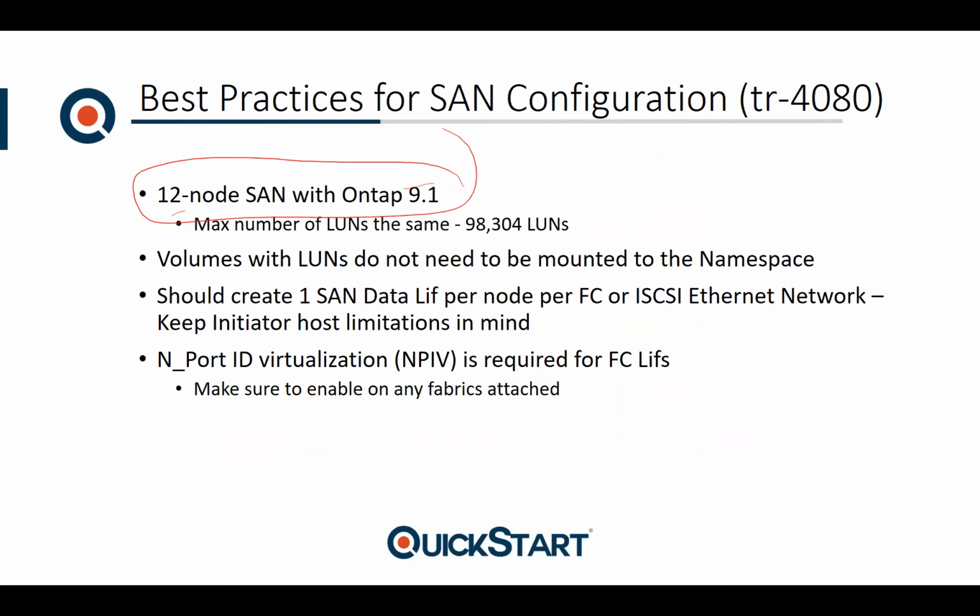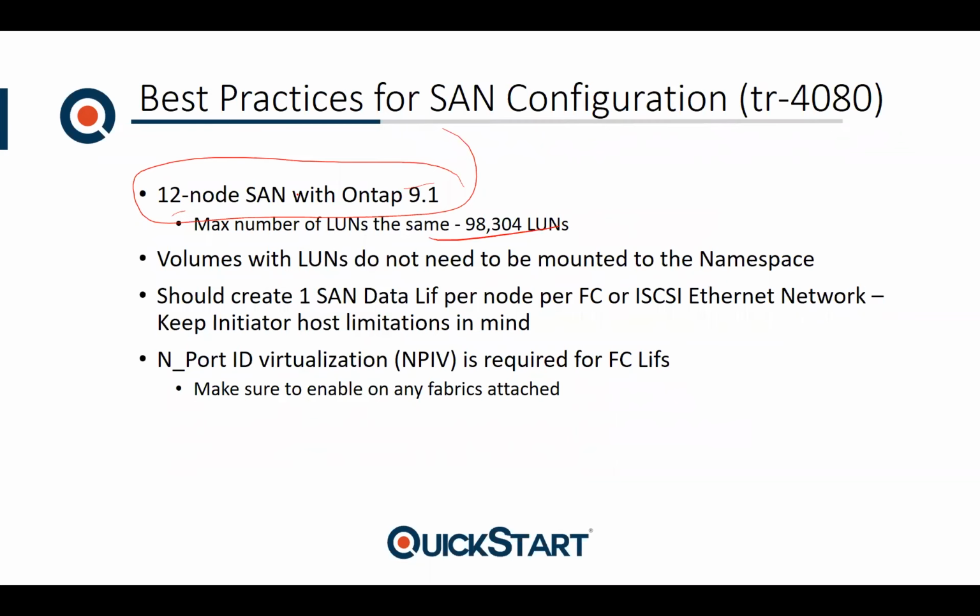But one of the things that I want to point out is, yes, at this point, the maximum number of nodes has increased, but the maximum number of LUNs for the entire cluster has actually remained the same. Thus, max number of LUNs is the same. What does that mean? That means that, if I divide this, and I'm not going to do the math in my head, but basically, when I had 8 nodes before, I had the same maximum number of LUNs.